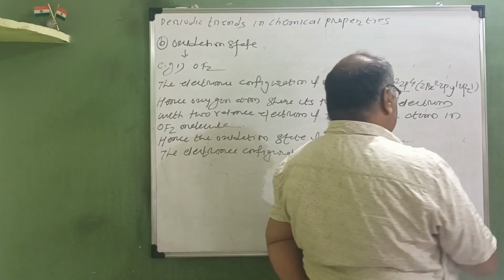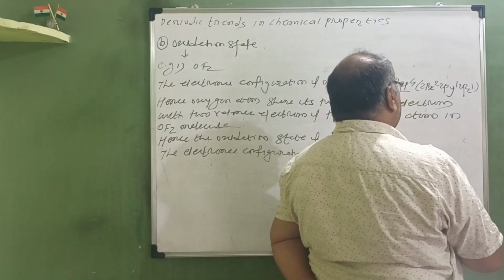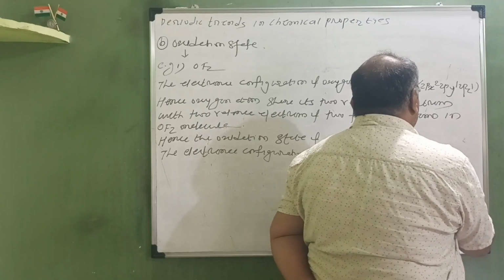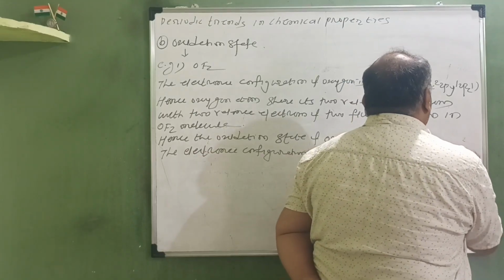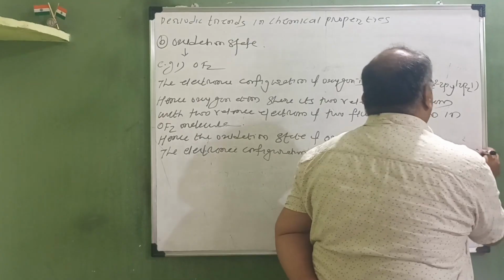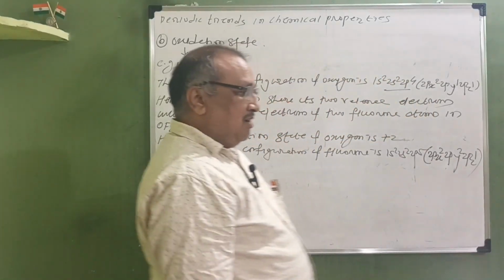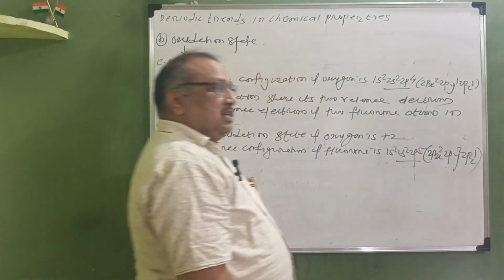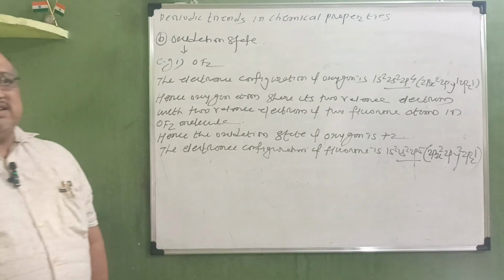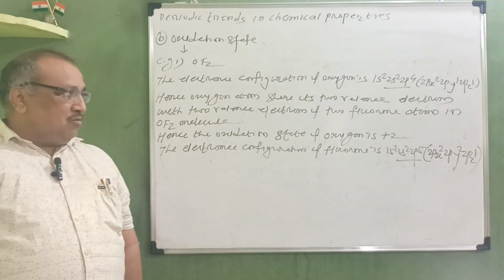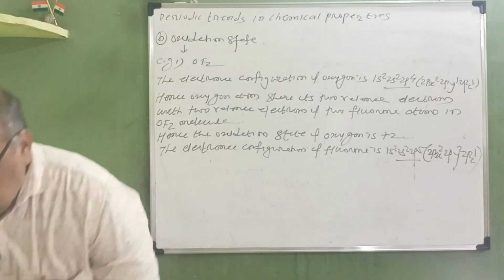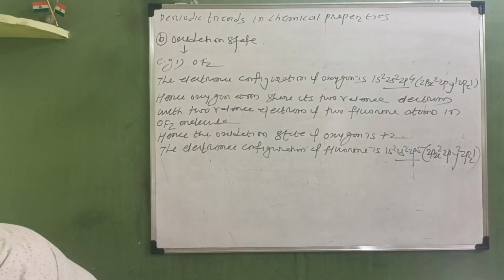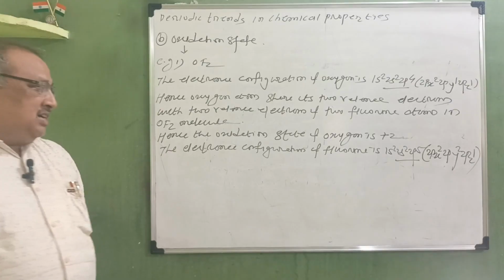That means apply here Hund's rule of maximum multiplicity, that is 2px2, 2py2 and 2pz1. That means here there are 7 electrons in the valence shell of fluorine atom and only 1 electron is required to complete the octet.